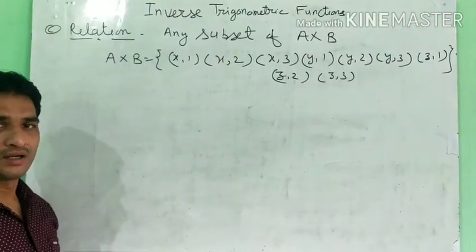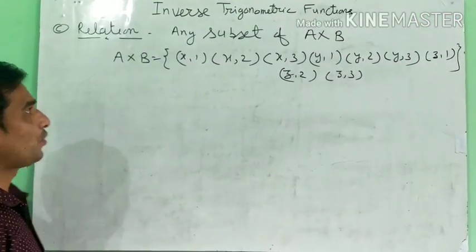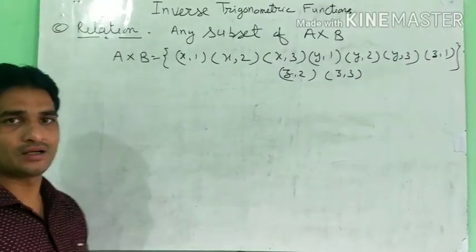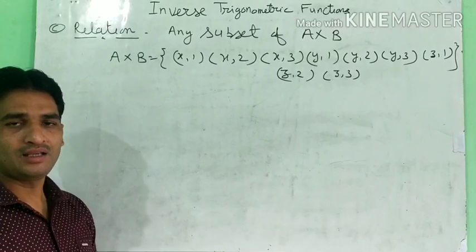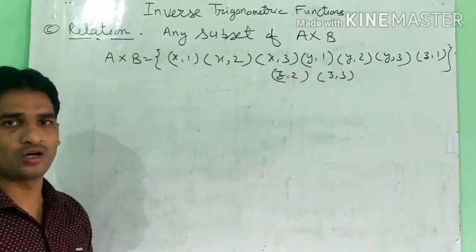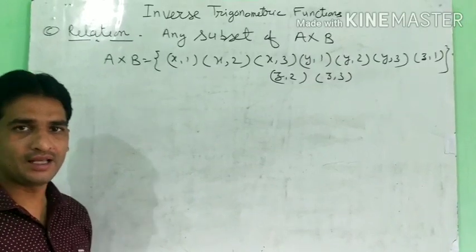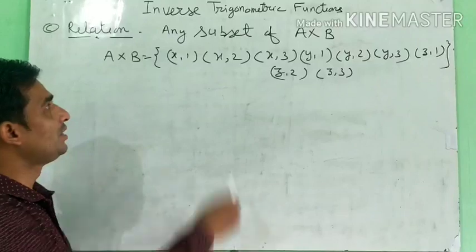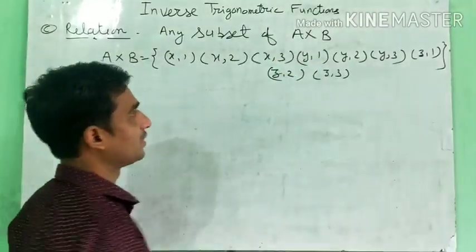Now I discuss about third point, that is relation. So what is relation? Any subset of A cross B is called relation.